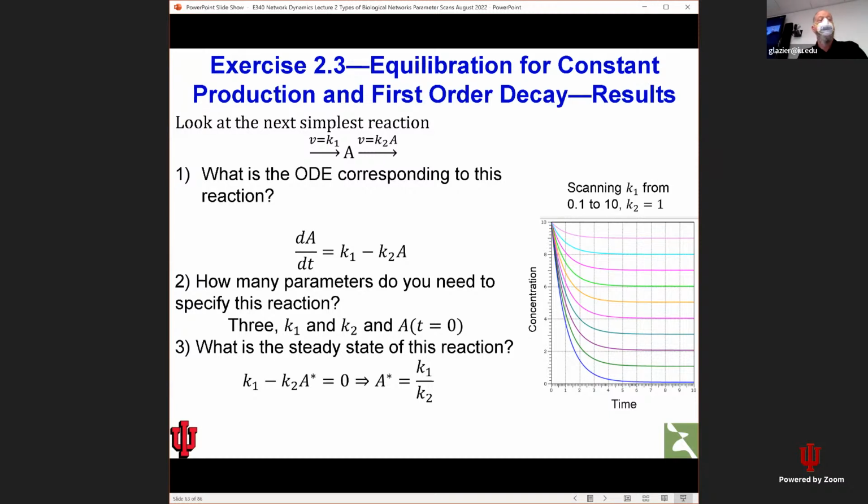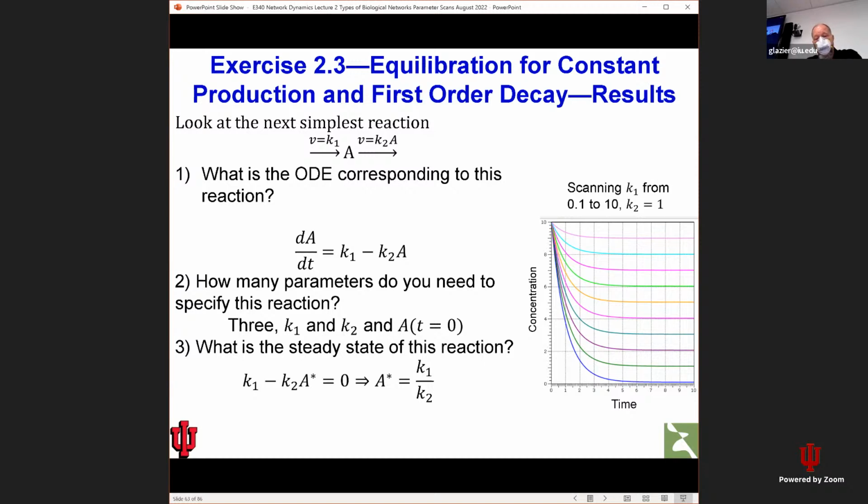The rate constant for that decrease is K2. So the lifetime of A is 1 over K2. So essentially, this system forgets its initial state over a time scale 1 over K2. So if K2 is big, it forgets rapidly. If K2 is small, it forgets more slowly.